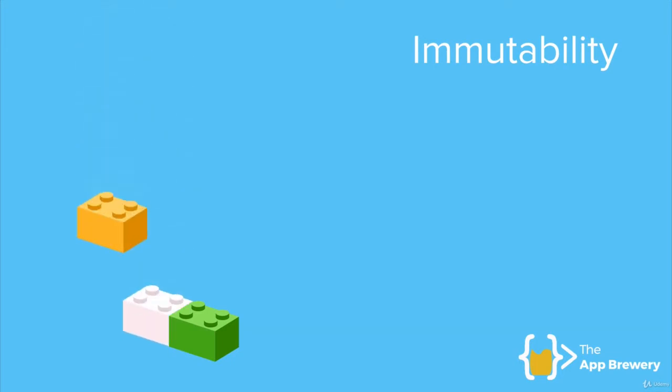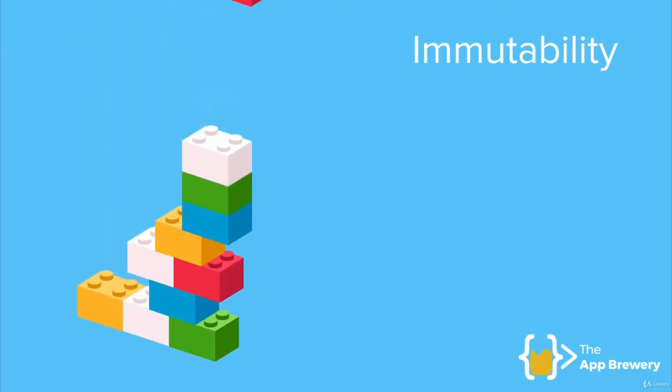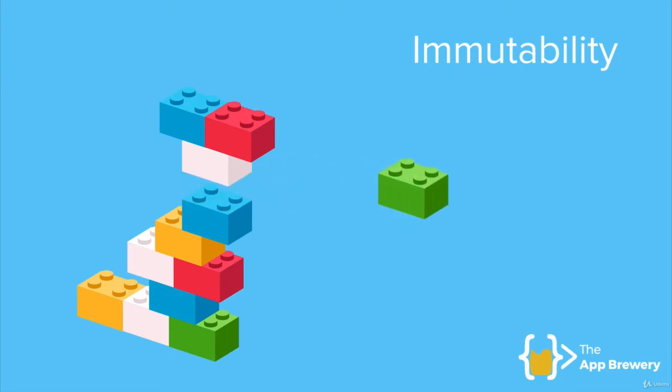So how do we make changes to our app, which is built up using a whole bunch of immutable or unchangeable blocks? Well, we can simply take one of these immutable widgets that needs to be changed, destroy it, and in its place, build a new one that has the changes that we want.